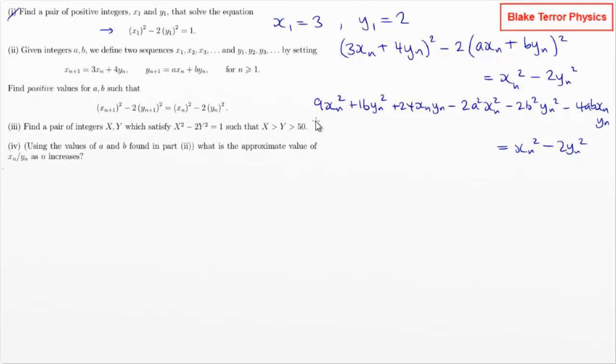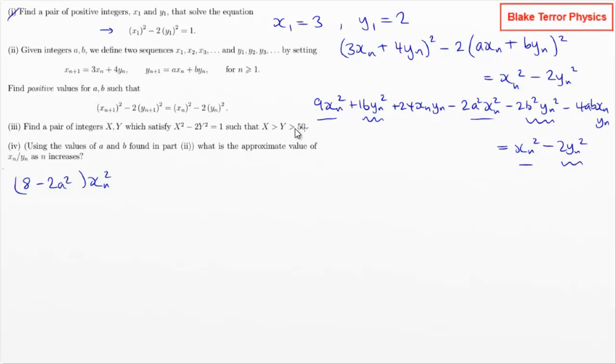How many xn squareds have we got? That's that term, that term, that term. So that will be 8 minus 2a squared. That's our xn squared. What about our yn squared? That's this one and this one and that one.